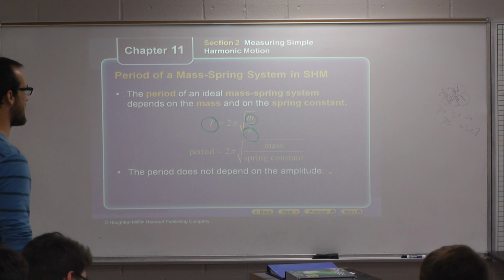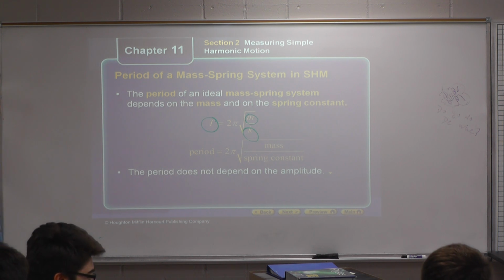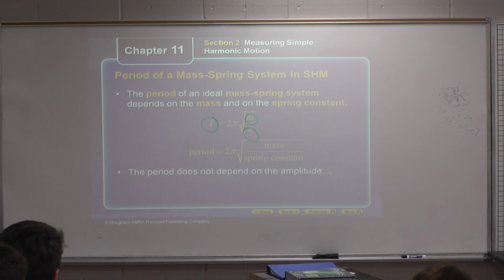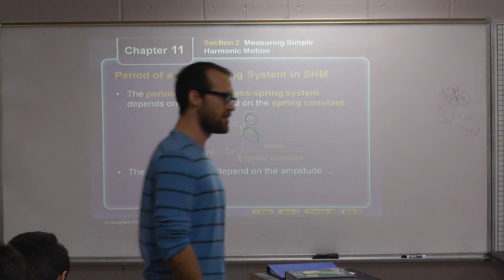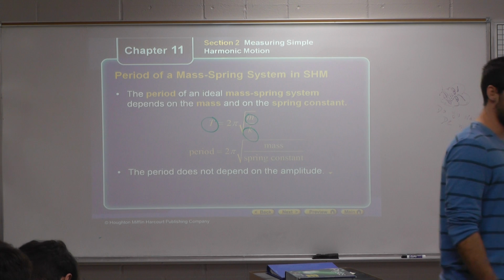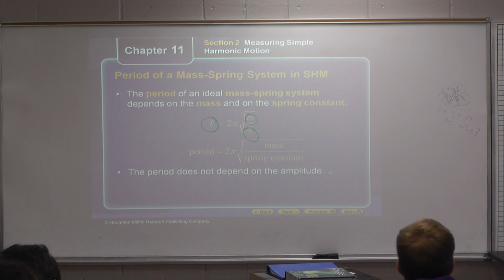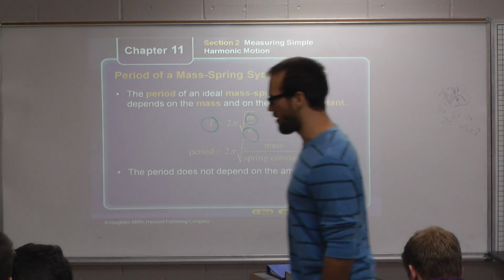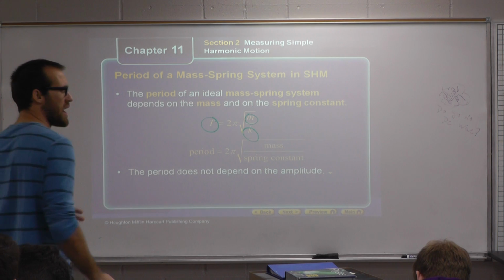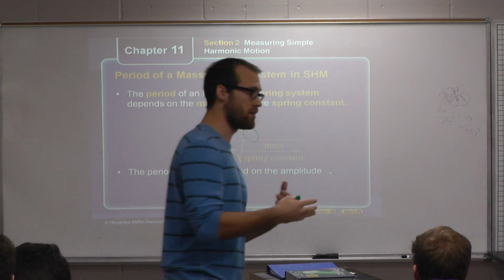Your mass spring system depends on the mass and on your spring constant. It should make sense why it depends on your constant, because the constant tells you how much spring force you're going to have. It does not matter how far you are from equilibrium.